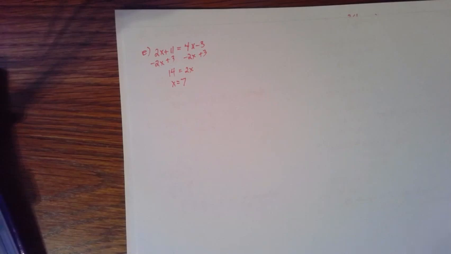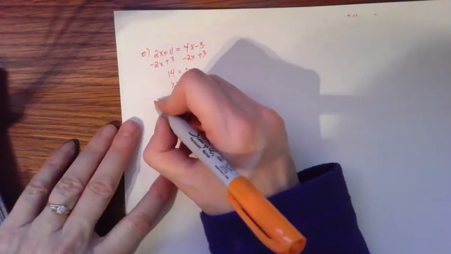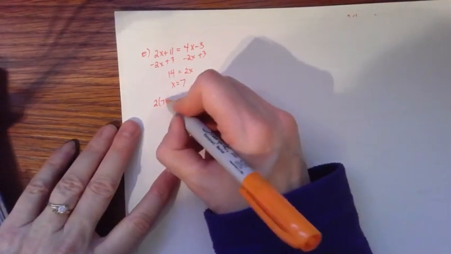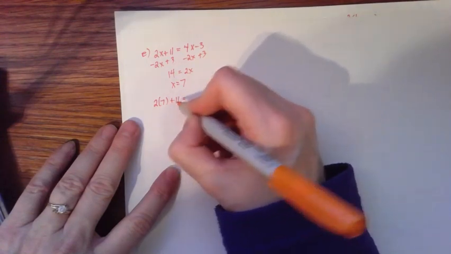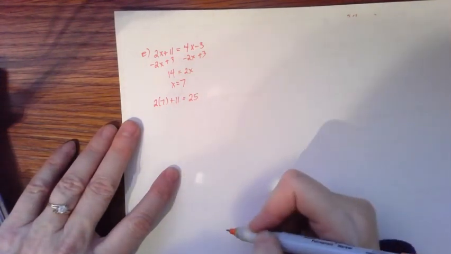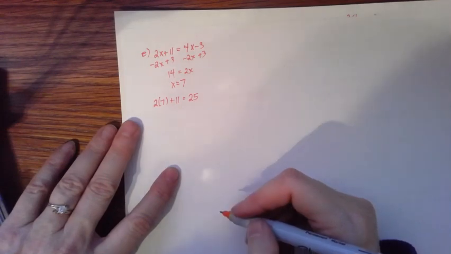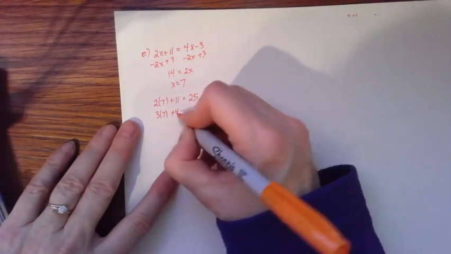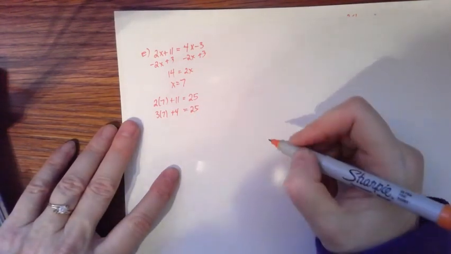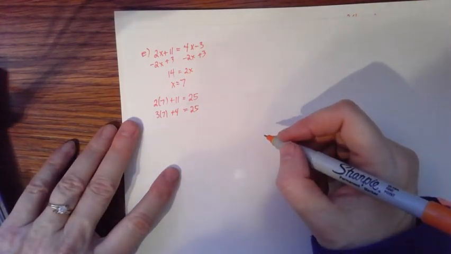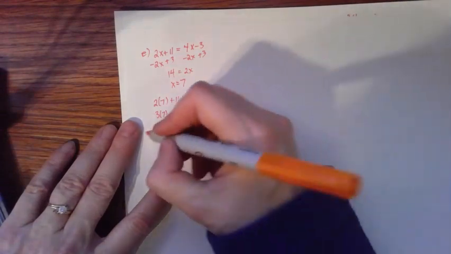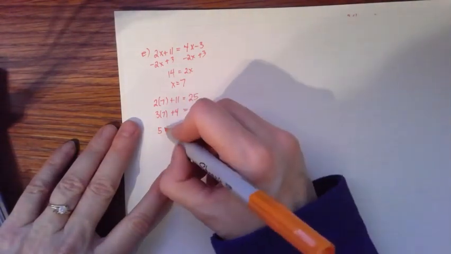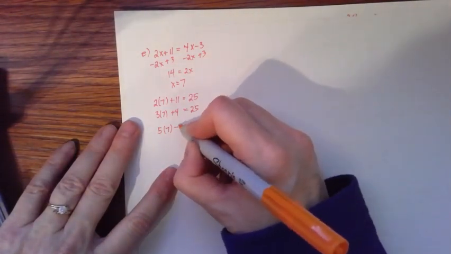Okay, well if x is 7, on the top we have 2x plus 11, or 2 times 7 plus 11. That's 14 and 11 is 25. Then we have 3x plus 4, or 3 times 7 plus 4. That's 21 plus 4, that's 25. So that angle on the top is bisected. The angle on the bottom, we have 5x minus 10, or 5 times 7 minus 10.